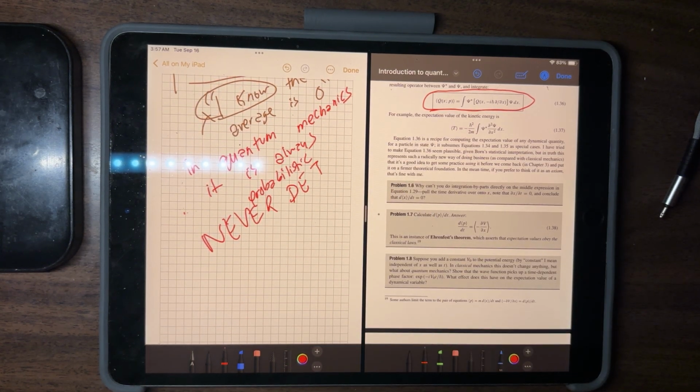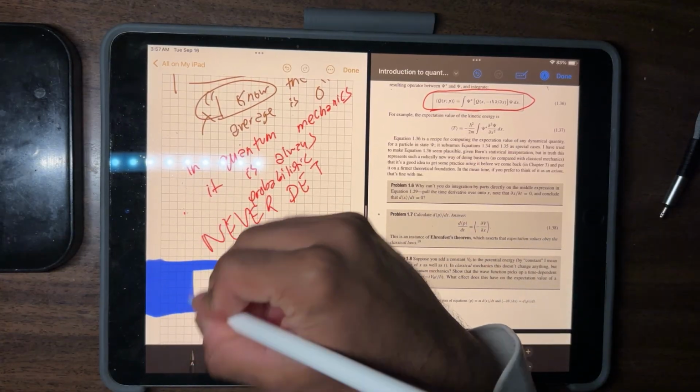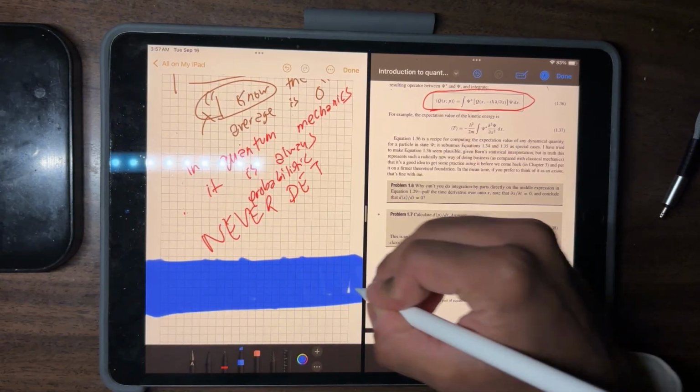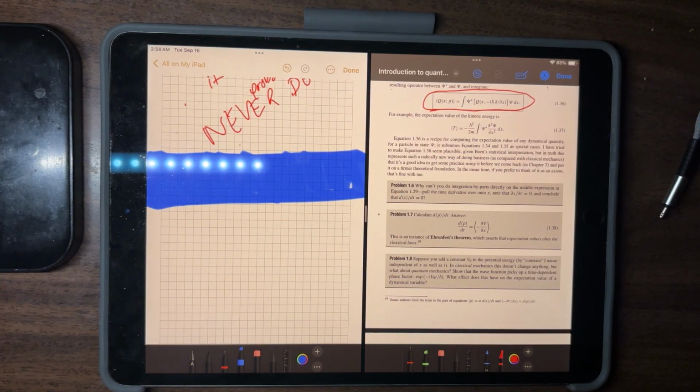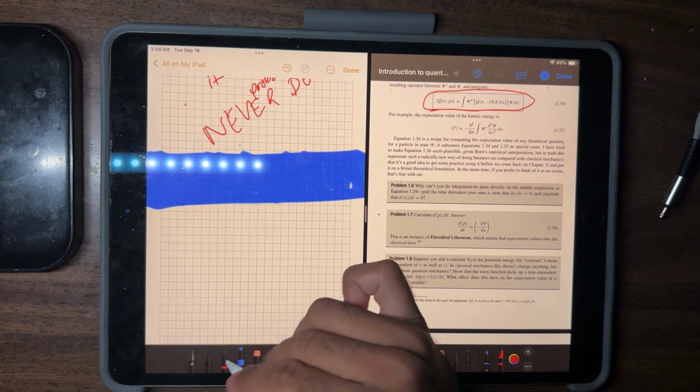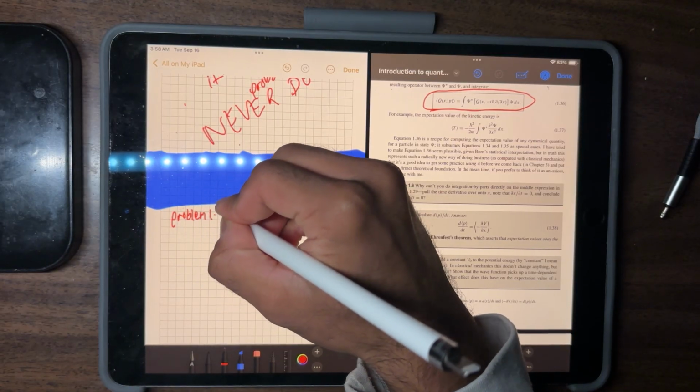Let's try 1.7. Calculate dp by dt. Or they gave the answer. P is what again? Okay, this is the Ehrenfest theorem. So problem 1.7.